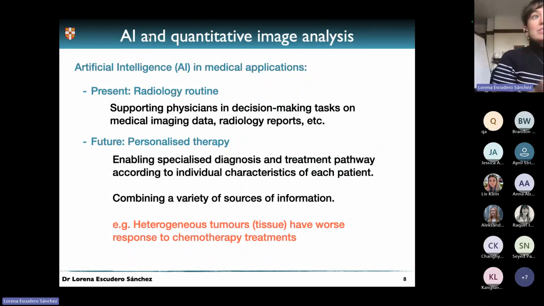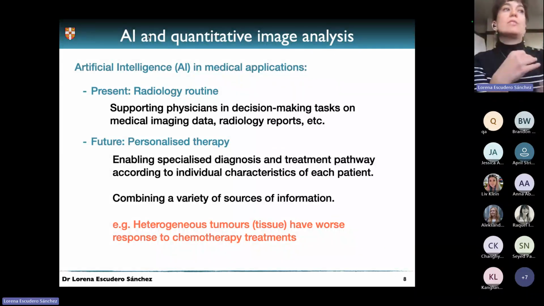At present, there are already AI-based tools that are routinely used by physicians that support them in their decision-making, reading reports, doing reconstruction. Some of the scanners already have a deep learning-based reconstruction algorithm that comes with the latest versions of the manufactured scanners.